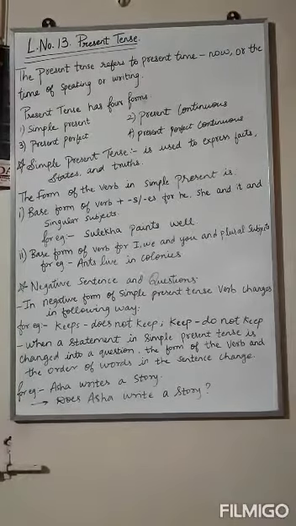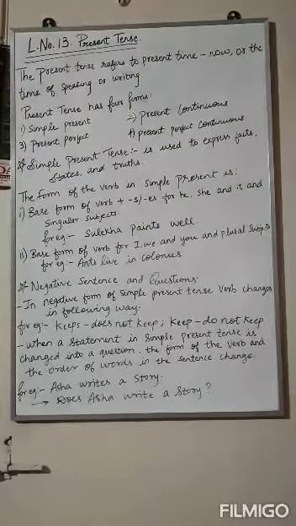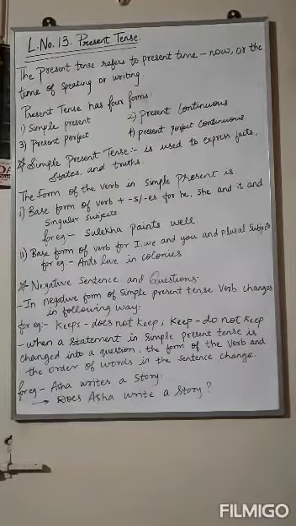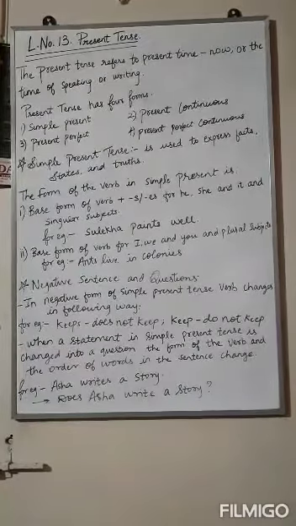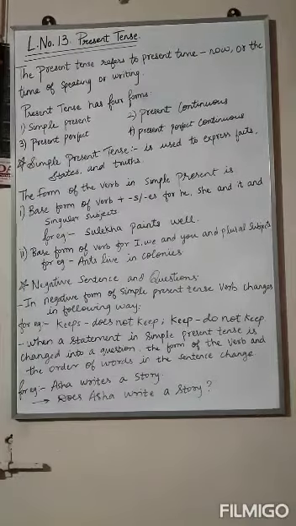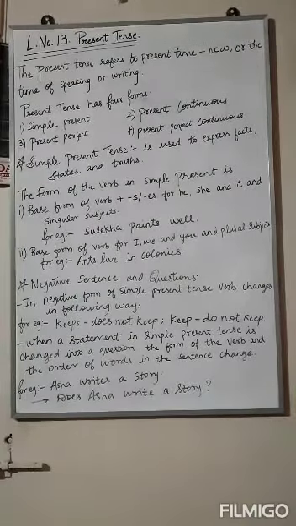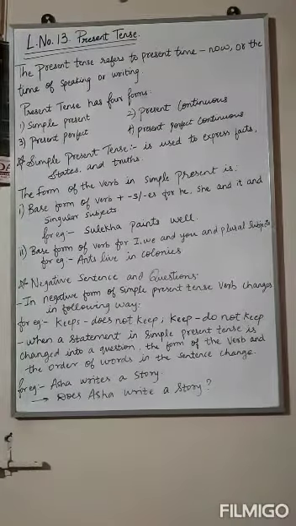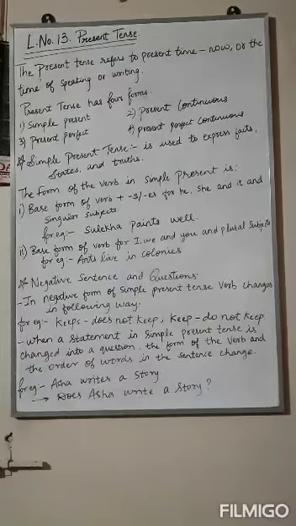That is simple present tense. Only s or es is used for the verb. The base form of the verb is used for I, we and you and plural subjects. For example, ants live in colonies.